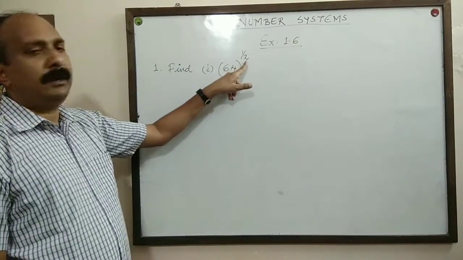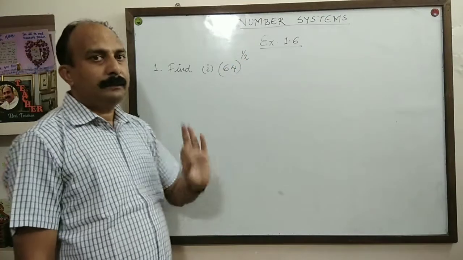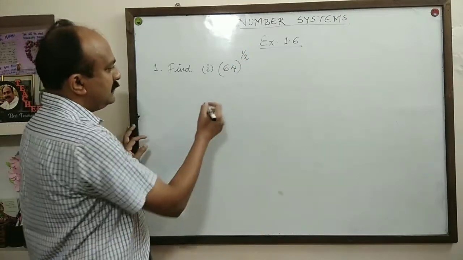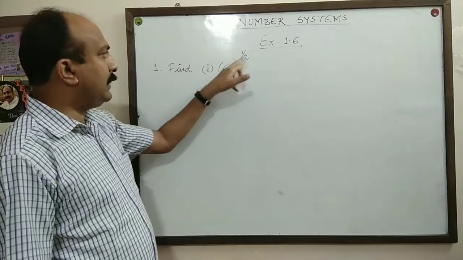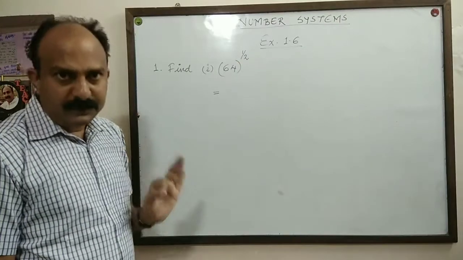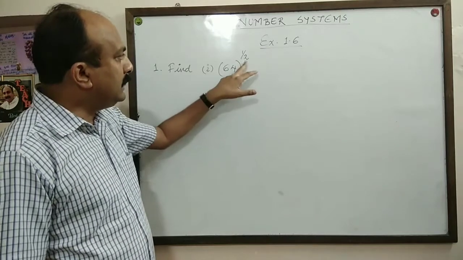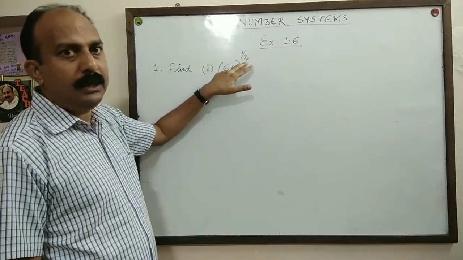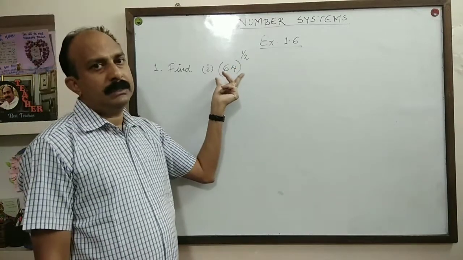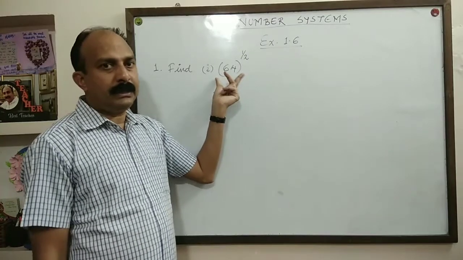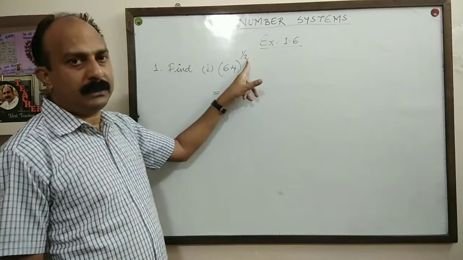64 power 1 upon 2. Exponent is rational, power 1 upon 2. The best method to simplify such a question is, look at the denominator of the exponent, the denominator of the power, it is 2, and try to change the base of the given question into the same power as the denominator.